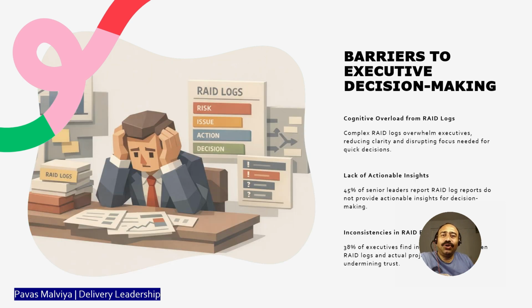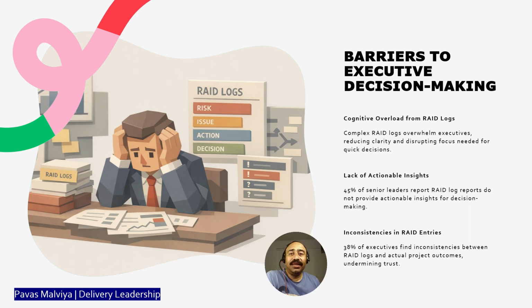They are actually a barrier to executives and leaders in decision making. The longer and bigger your RAID log is, the more cognitive load it puts on them. 45% of senior leaders report the RAID log as unusable. Your complex RAID log with 30 to 40 rows, 15-20 columns, different color codes and shades is a cognitive load to the leaders and executives.